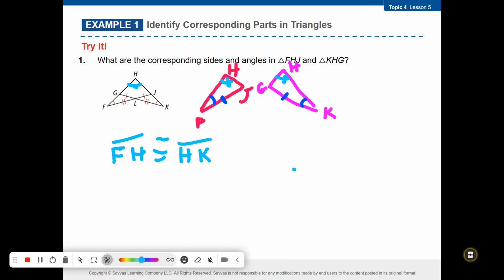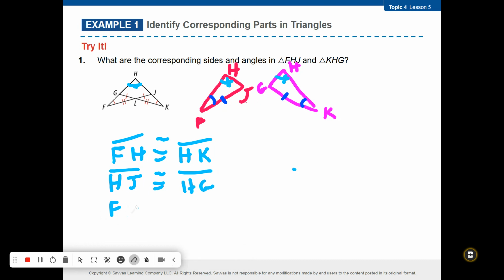Those would be the corresponding sides. You would also have HJ is congruent to HG. You also have FJ. Would help if I could actually write a J. Sorry about that. Would be congruent with KG.